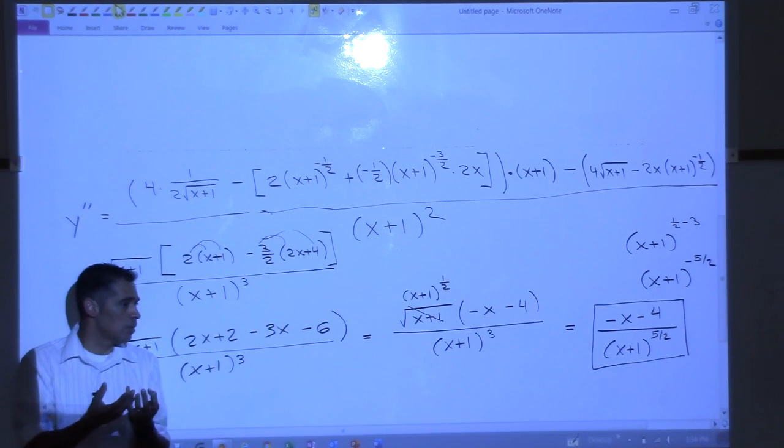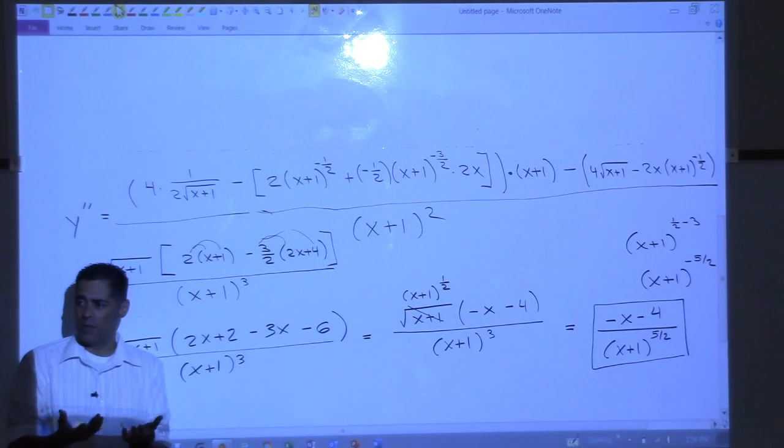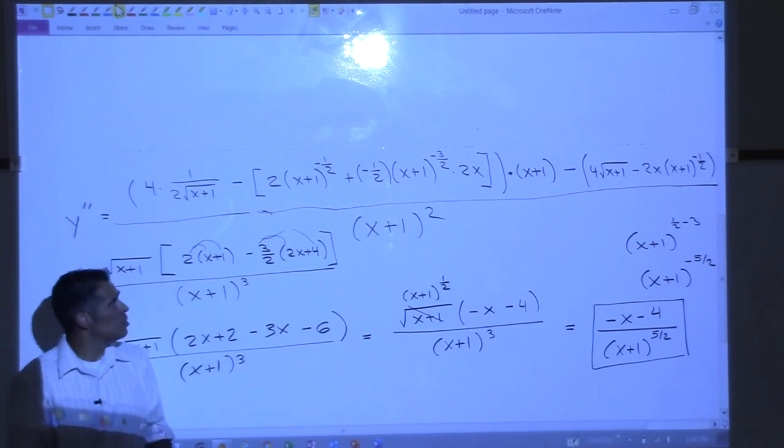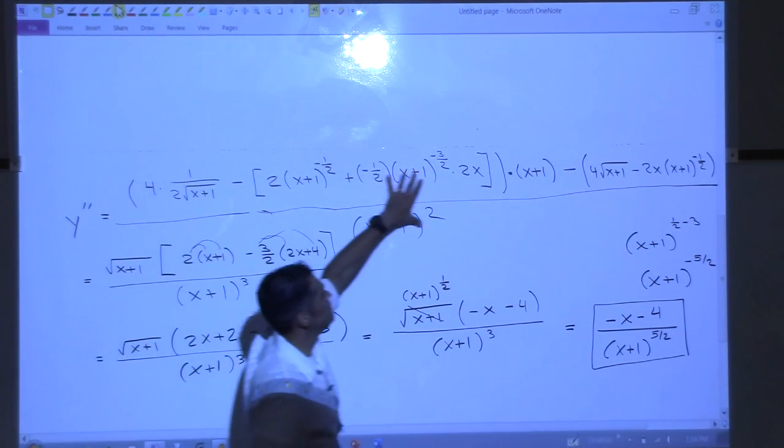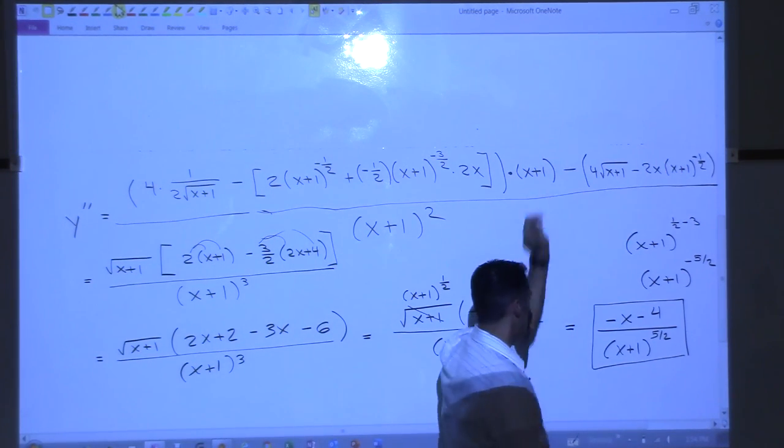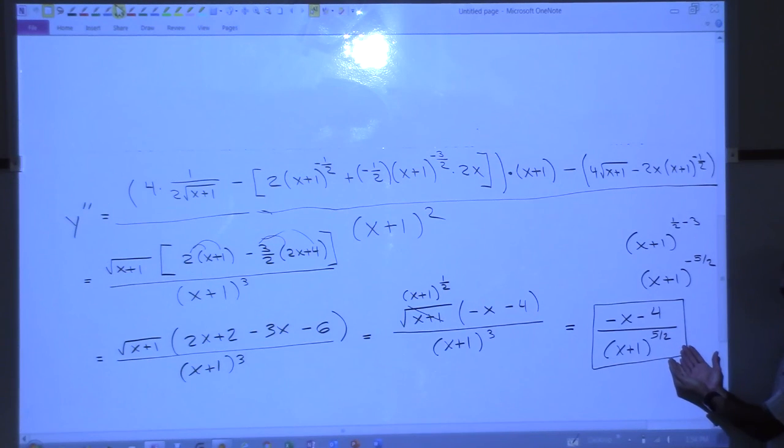And one of the big things we're going to do with these derivatives is set them equal to 0. So would you rather set this equal to 0, or would you rather set this equal to 0? This is much easier to work with, isn't it? But if you can't get to this, then you can't set things to 0. So the algebra is still here. It's kind of been backburnered for a while, but it's coming, all right?